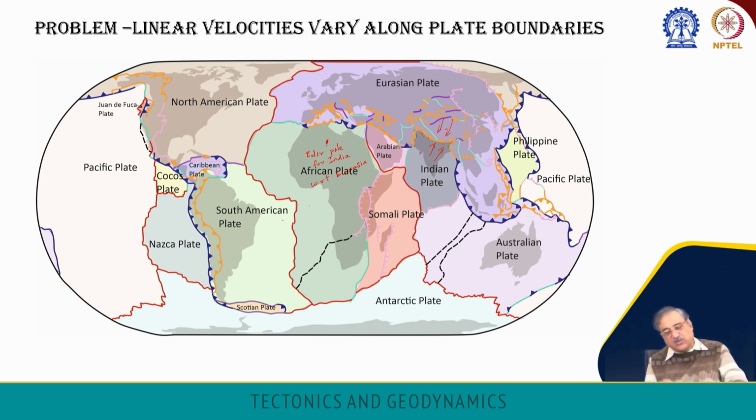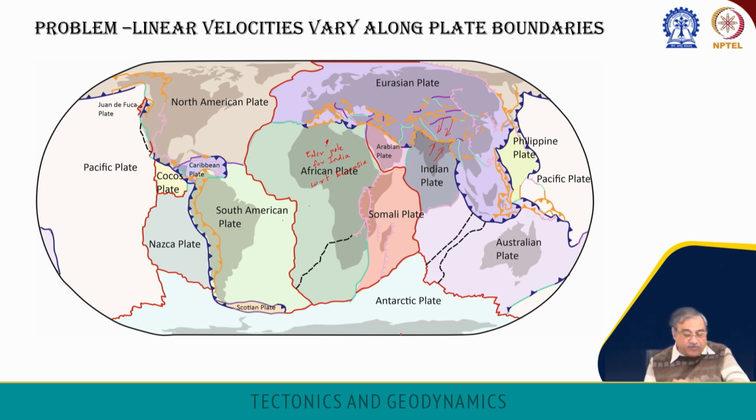Because this is taking place on the surface of a sphere, the angular velocity associated with any pair of plates must be the same throughout that plate boundary. That will not vary. But what is important here is that the linear velocity will actually vary, and that is what we are able to measure, because when we are measuring any velocity along a plate boundary, that will be a linear velocity.